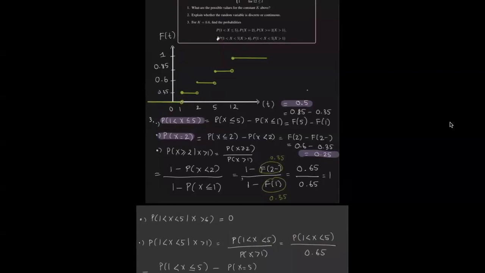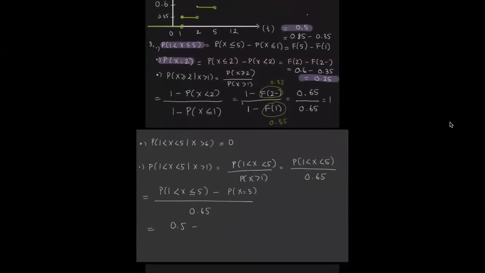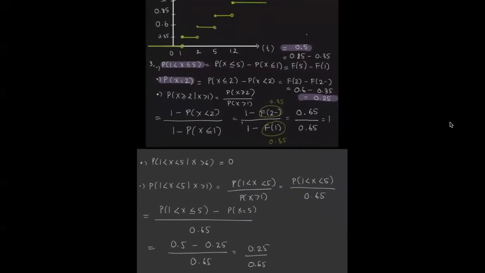The probability x equal to 5 is the jump when we have 5, so the gap between these values. So it's 0.85 minus 0.6, which is 0.25. And this would be the final answer.